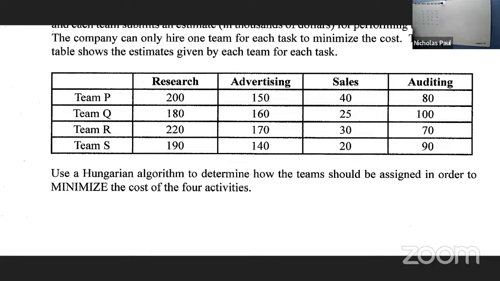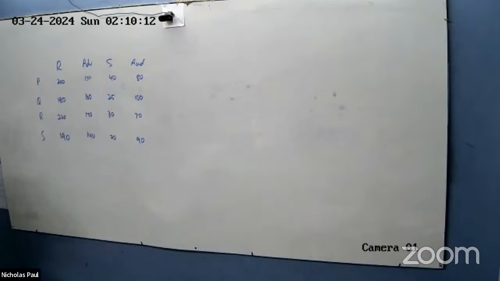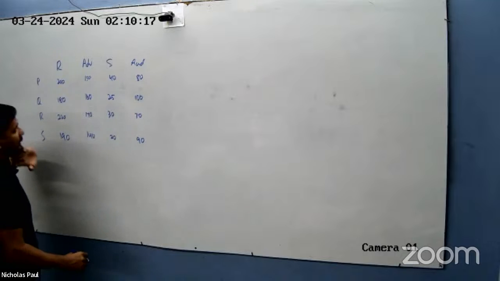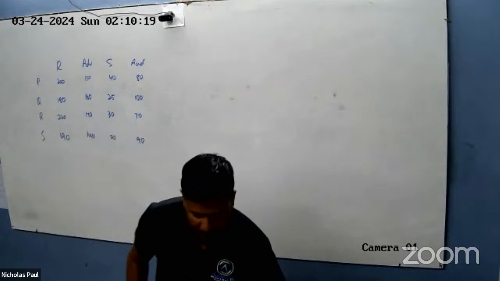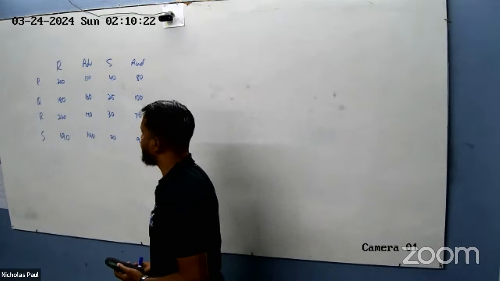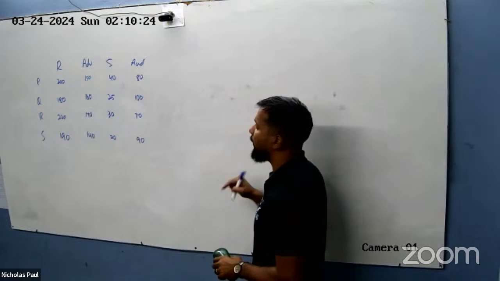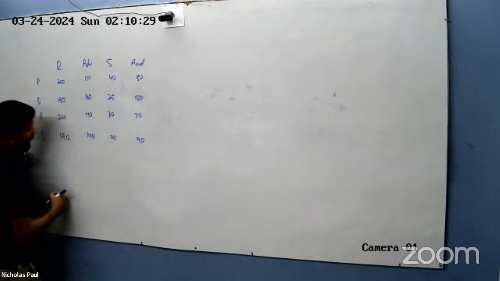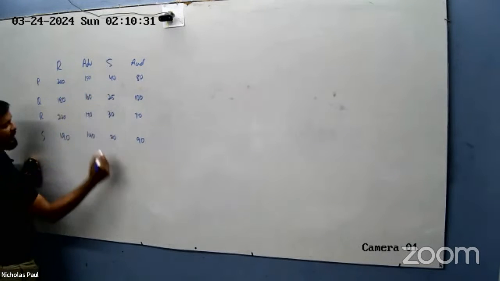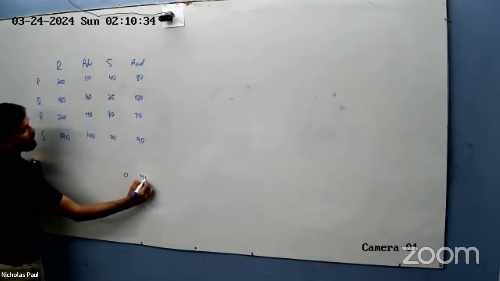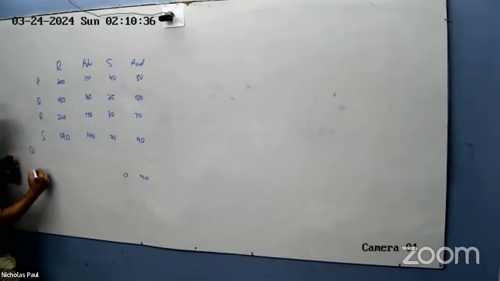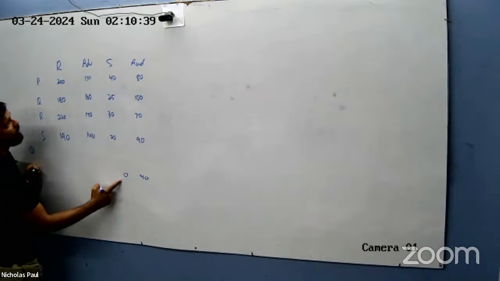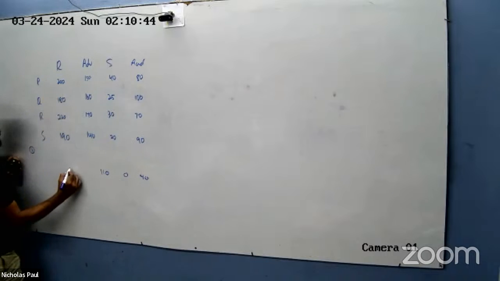Right? Use the algorithm to minimize. So we're doing a minimization problem here. First things first, let's take a look at row minimum. I'm going to be lazy, I will do one and then do all right here. So row minimum 40. So again, 0, 40. There's the first step. 0, 40, 110 minus 40 here too, that's 70.